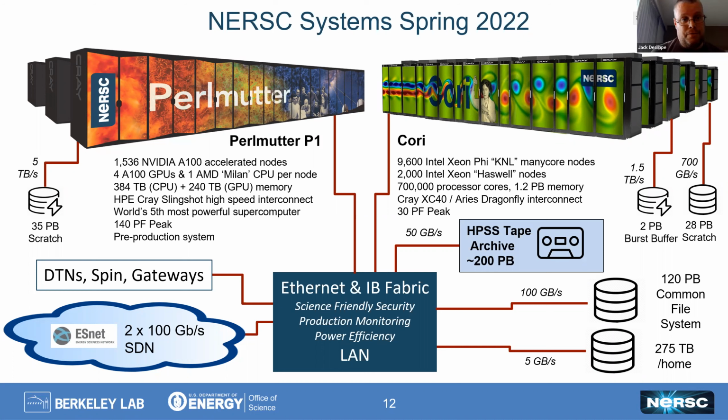What we have in production at this point is the 1500 NVIDIA A100 nodes. This is the NVIDIA GPU that is one generation past the Summit GPUs.